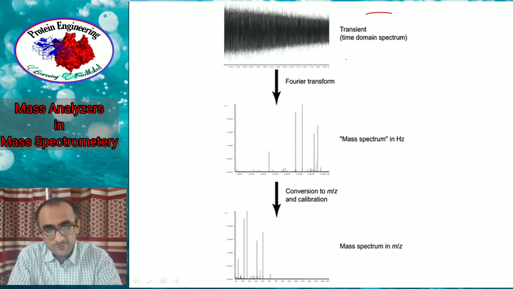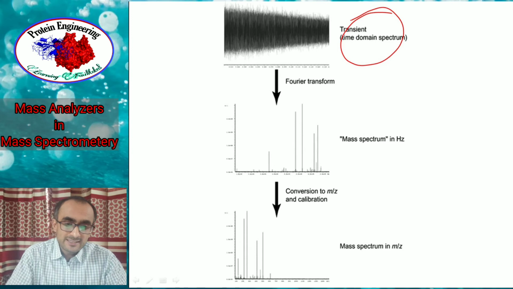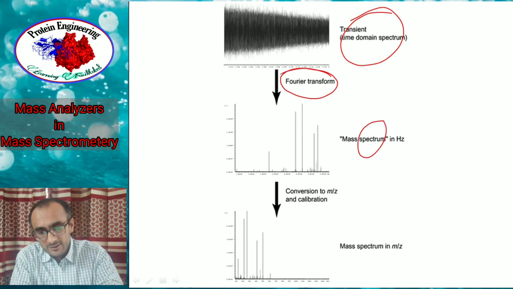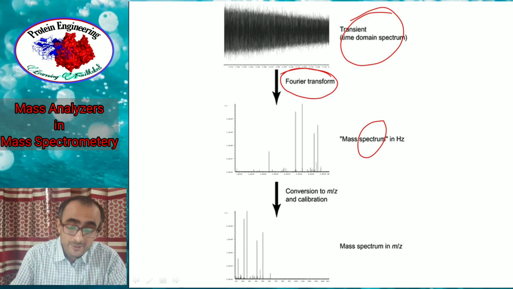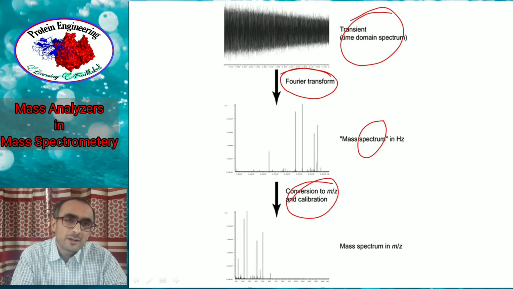So something like this, if you have many different types of ions in your sample, the transient data is very complex. So these sine waves are converted into frequency by Fourier transformation. Each wave is converted into frequency domain, and this frequency data is eventually, by calibration, matched with m/z.